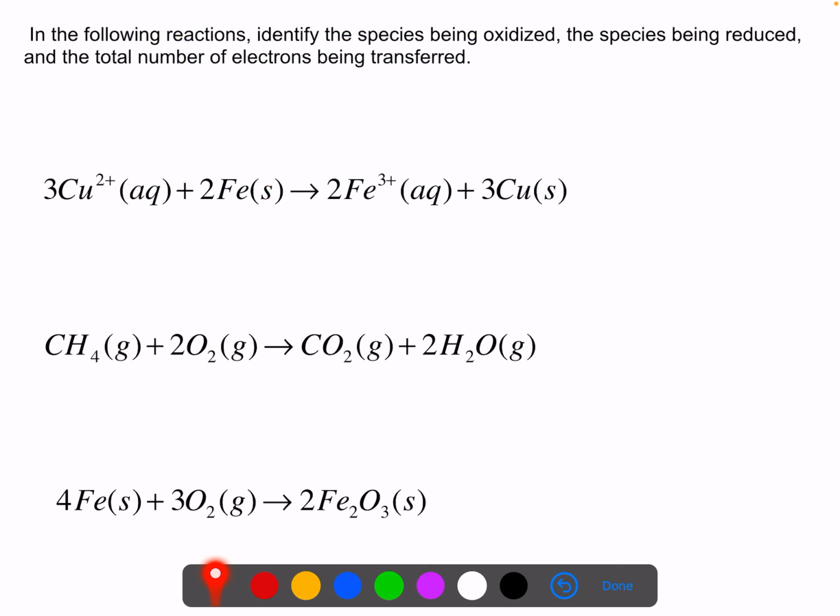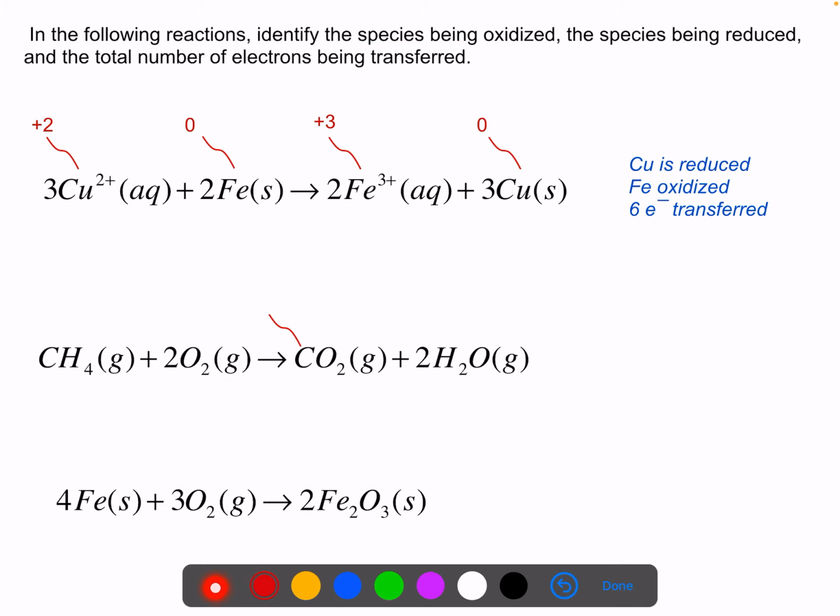Here are 3 more examples. Again, pause the video and determine the species being oxidized, the species being reduced, and the total number of electrons being transferred. Pause it, work through all 3, then keep going, and we'll go through the answers. In the first case, we should come up with copper +2, iron 0, iron +3, and our final copper 0.